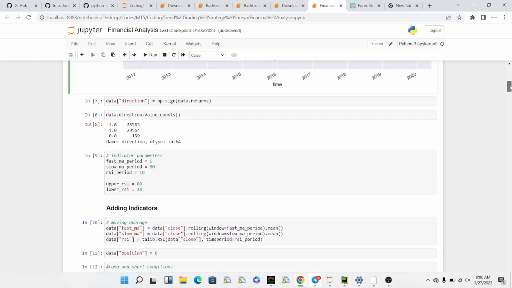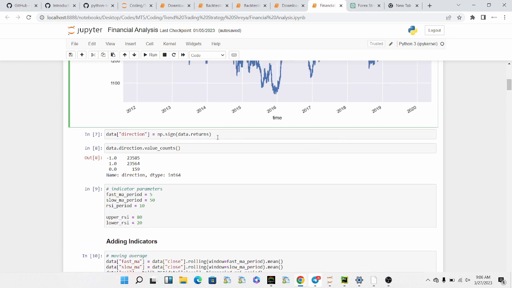Right, so we proceeded to create our direction column. Our direction column basically tells us where the price of a particular candle went. If it's a bullish candle, it's going to be +1. If it's a bearish candle, it's going to be -1. And if there's no absolute direction, it's going to be 0. All right, so we created the value counts.